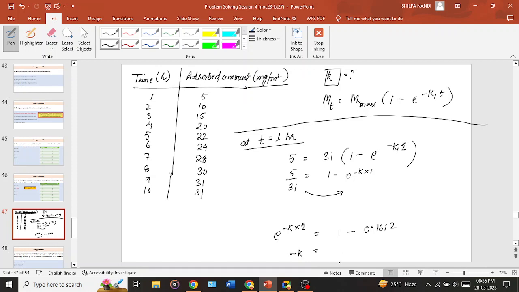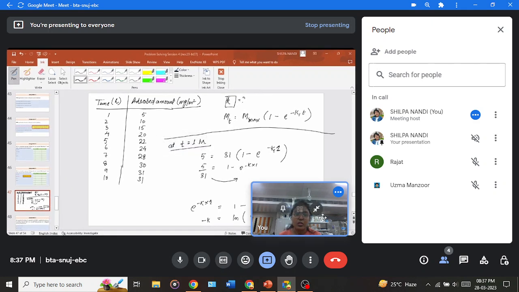Minus k would be ln(1 - 0.1612), which will come around 0.183 or something. So k here will come as 0.175. So we got the k at t equal to 1 hour.